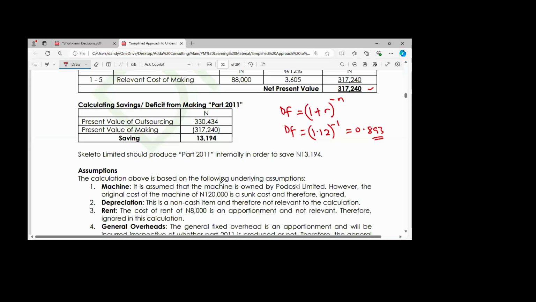At the end of the day, we notice that the supplier's quotation of 330,434 naira is higher than the relevant cost of making part 2011. So there's a saving of 13,194. Therefore, our advice is that DG Limited should make part 2011 internally in order to save 13,194 naira. So that is what we did there.